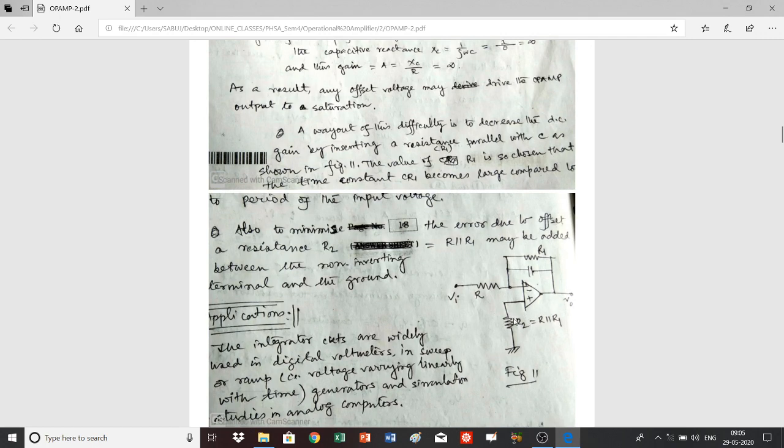One end of R2 is connected to the non-inverting input terminal, and the other end is grounded. If you use R2 in this way, then the error can also be minimized.